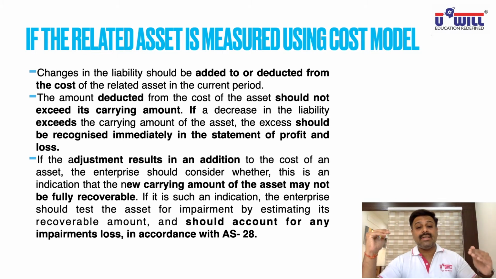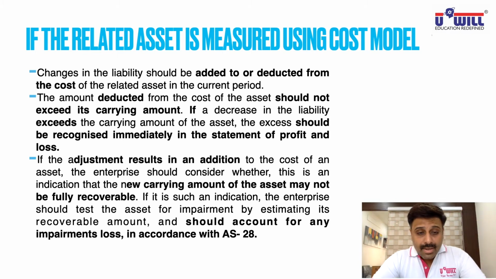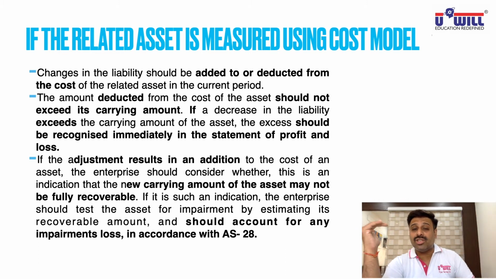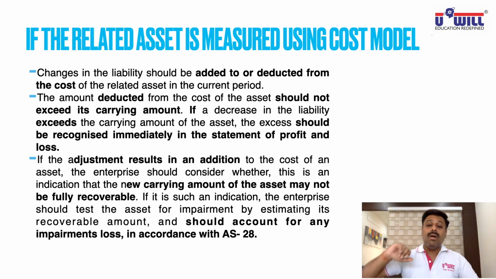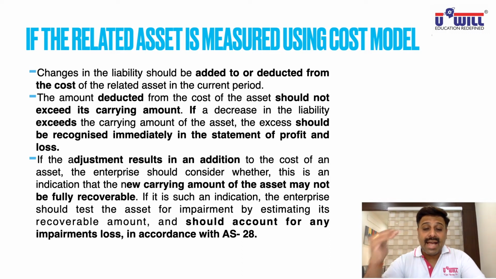If it is decreasing, it should be deducted from the cost. The amount deducted from the cost should not exceed its carrying amount, obviously. If the book value itself is 10,000 and the liability is decreasing by 15,000, you cannot decrease it by 15,000 and make it minus 5,000. So if a decrease in liability exceeds the carrying amount, the book value of the asset, the excess should be recognized immediately in the statement of profit and loss.